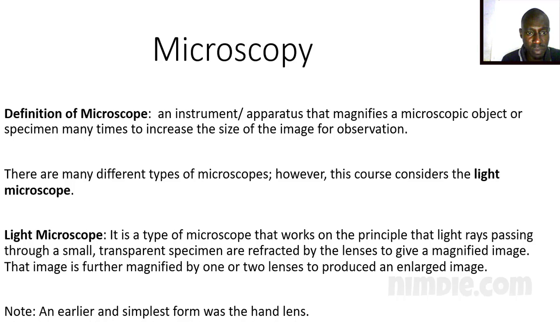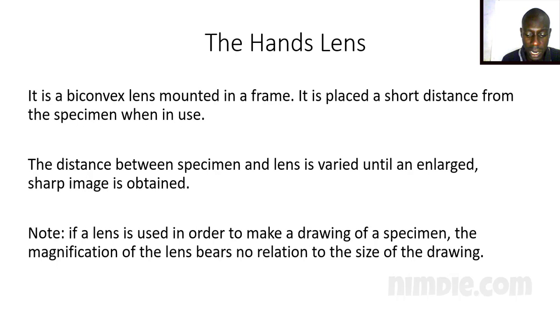There are many types of microscope, but this course considers only the light microscope. A light microscope is the type of microscope that works on a principle that light rays passing through a small transparent specimen are refracted by lenses to give an enlarged or magnified image. That image is further magnified by two more lenses.